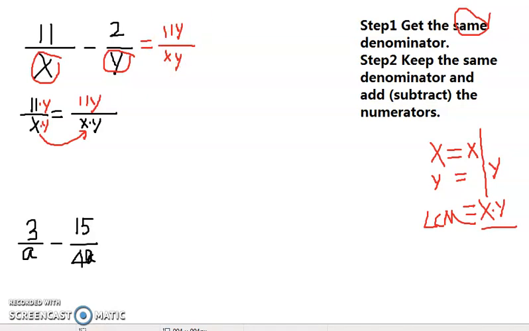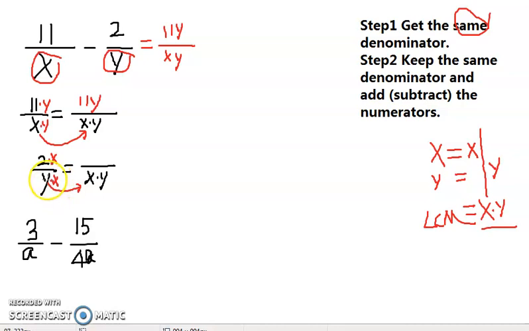Now we're going to work on the second one, which is 2 over y, and change the bottom y to the least common denominator, which is xy. X times y. And this time, by looking at them, we know how to get x times y from y. Of course, we multiply by x. And we can put an x in front of y, because when you switch two letters in multiplication, the answer doesn't change.